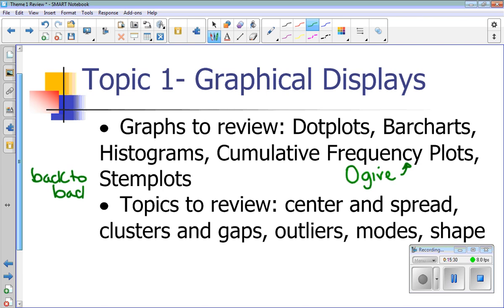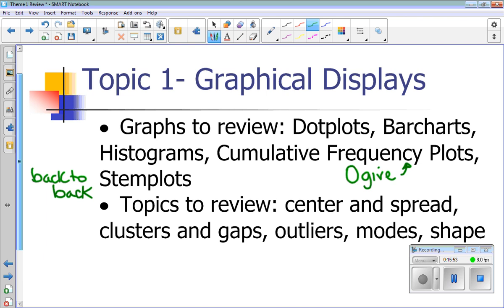Okay? When we talk about a graphical display, often it will be presented to you. I have never seen them ask you to create a graphical display. So you will not be making them yourself. What you will be doing is interpreting ones that are given to you. When we look at graphical displays, often they'll ask you to compare distributions or use information.